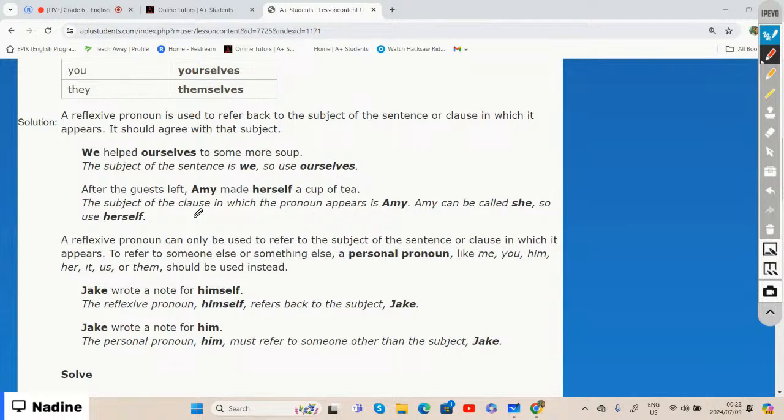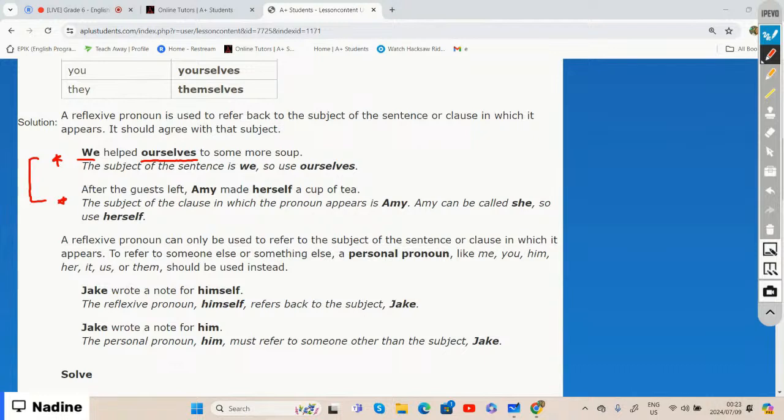If we look at an example again, an example of a reflexive pronoun, it says, we helped ourselves. Look at the words in bold that I'm also underlining. We helped ourselves to some soup, right? Which means that we went by ourselves. We went alone.